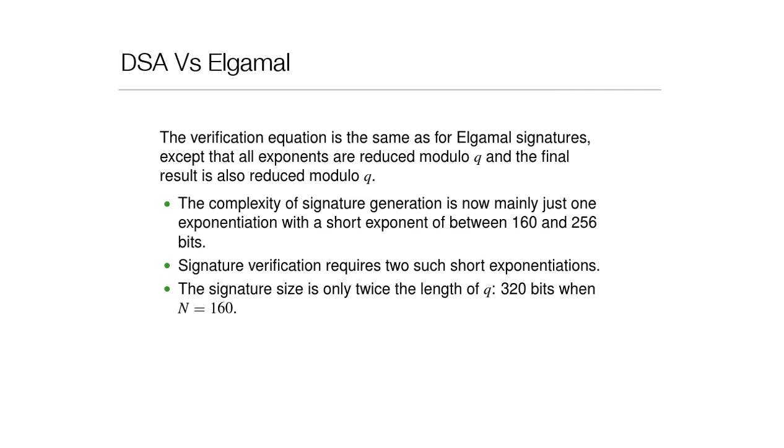The signature size is only twice the length of Q, 320 bits when N is 160. So this modification is done to make the DSA computation efficient to be used for internet communications.